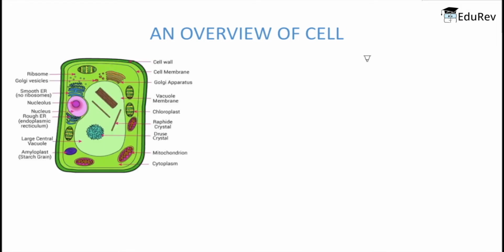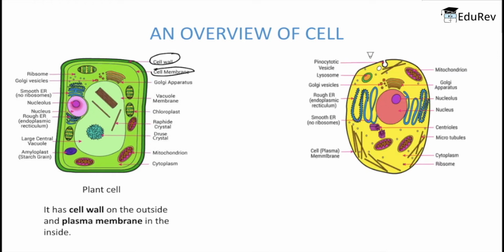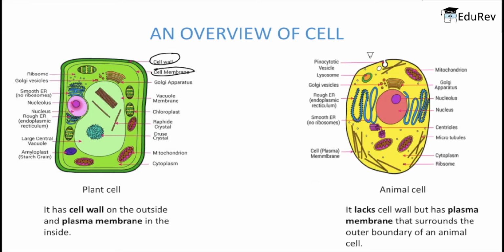If we look at the plant cell, we see that it is surrounded by the cell wall on the outside and the cell membrane on the inside. Whereas animal cells lack a cell wall, that is, they do not have a cell wall on the outside, but instead have a plasma membrane that surrounds the outer boundary of an animal cell.